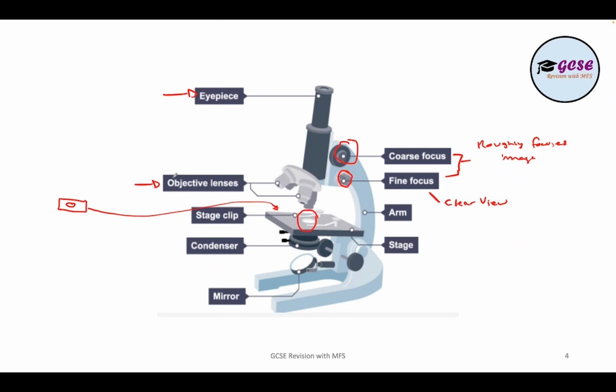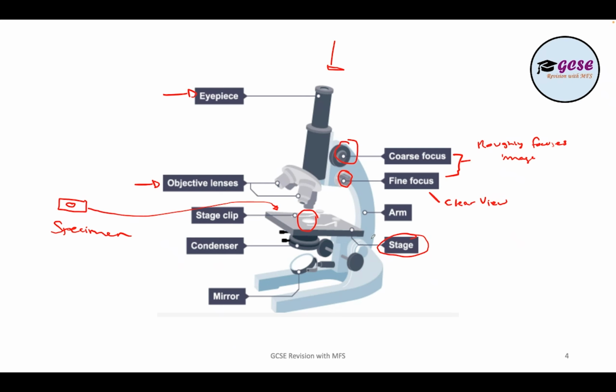Then we adjust the magnification we would like to see it at, and we look through the eyepiece lens. The specimen is what you're actually looking at, and this is placed on the stage.